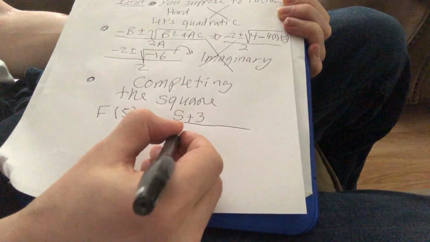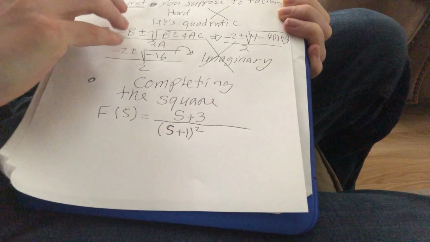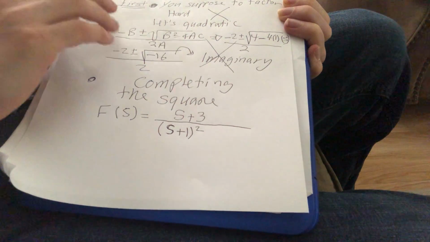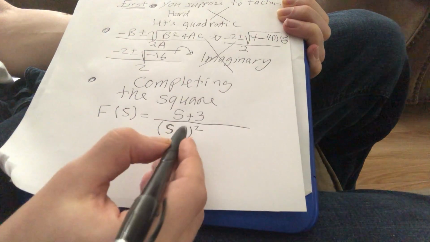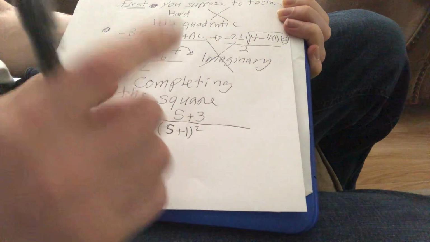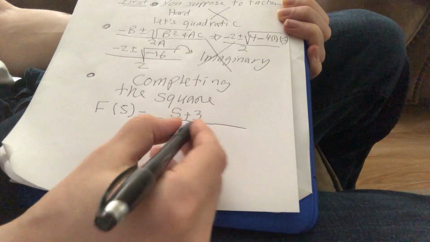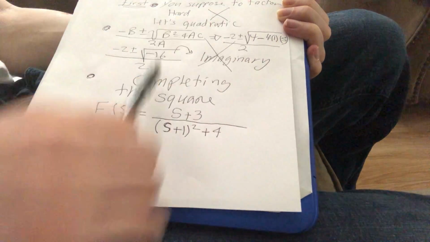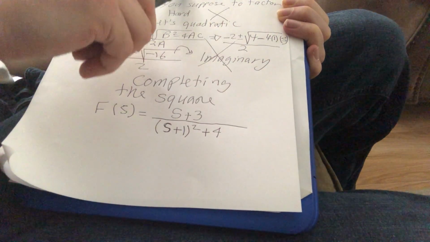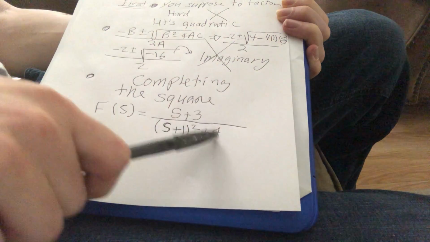The half of 2 is 1. And then you square it. So you take s, a single s, and half of this number, which is 1, and you square. But 1 squared gives you 1. There is a 5 here. So to the 1, you need to add 4 to complete the square. So you have this number 1, 1 squared is 1, but this is 5, so you add 4.